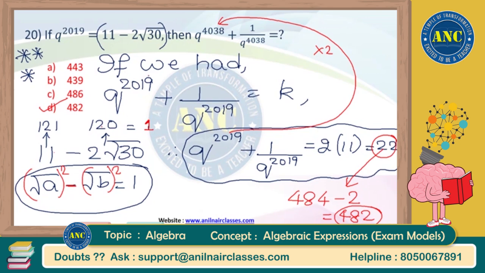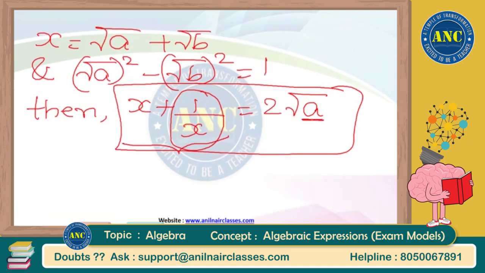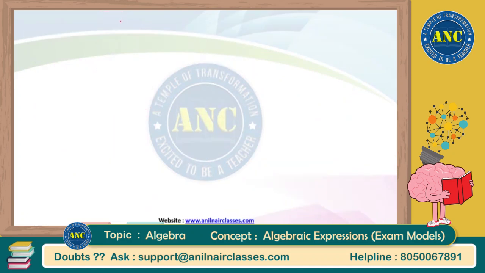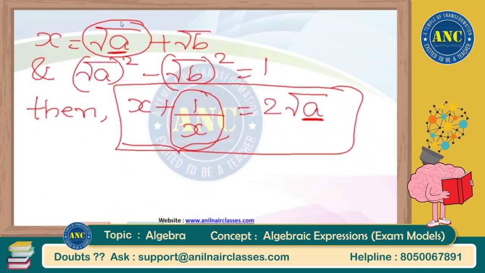So x plus 1 by x in this case, q power 2019 plus 1 by q power 2019, is nothing but 2 into the first term 11, 2 into root a. Instead of 11 I can write it as root 121 here. I hope this is not confusing you.